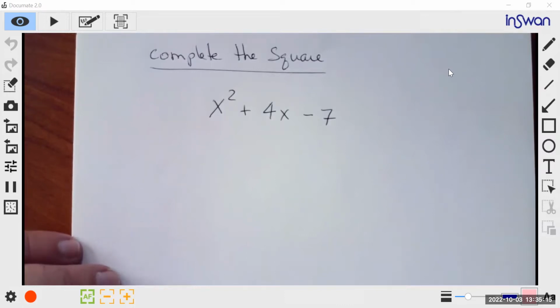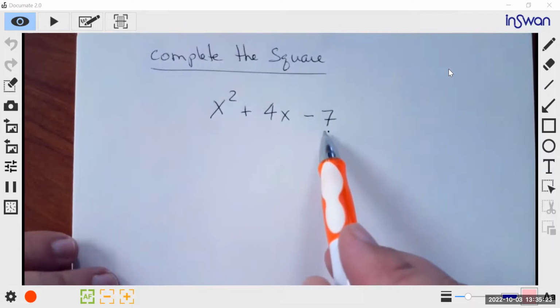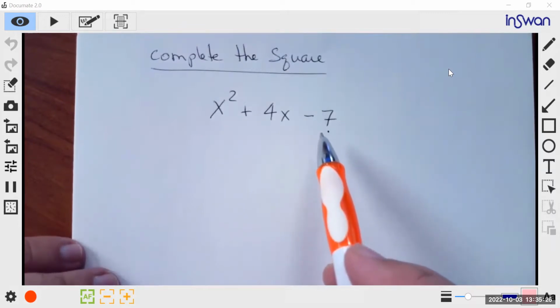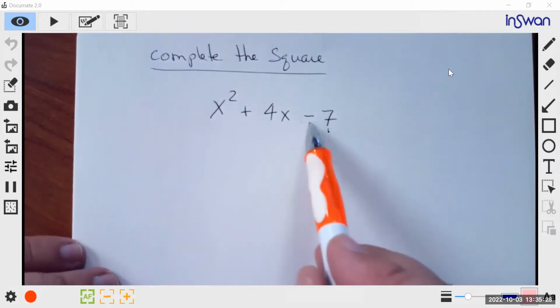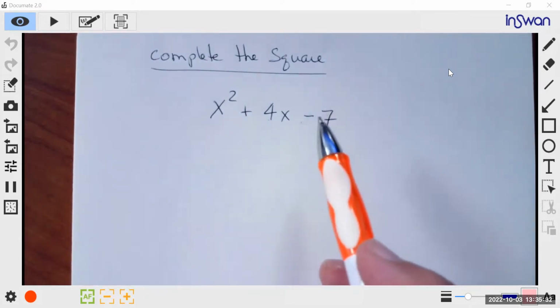Can you factor this one? What times what is 7? It'd be 1 and 7. So 7 minus 1 is not 4. So this is not factorable. So you couldn't use factoring.